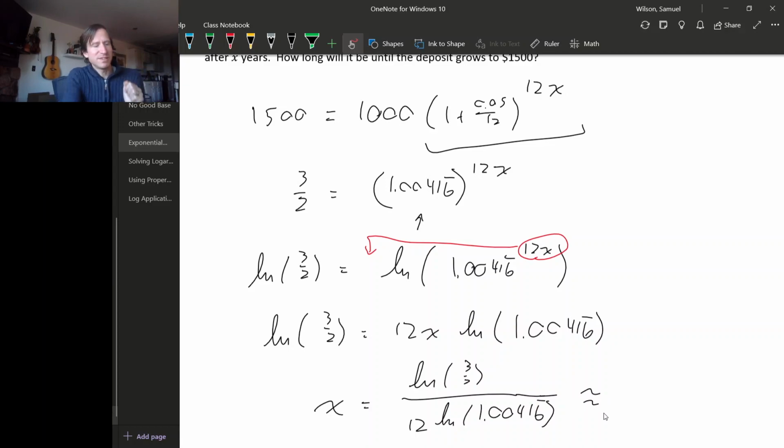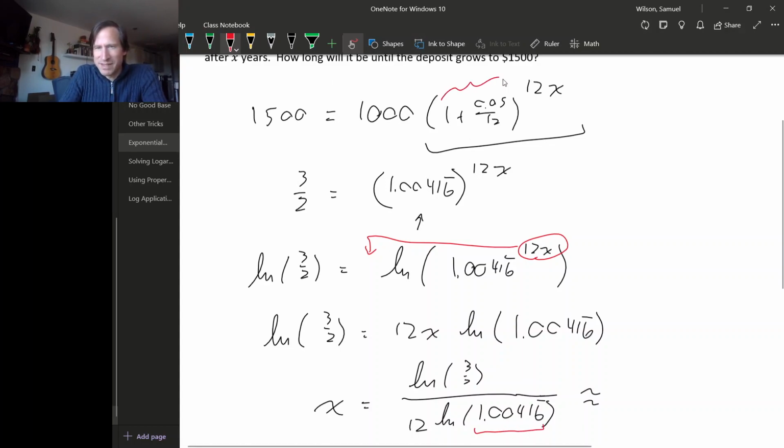Okay, and now we can dump this into a calculator to actually figure out how many years we're talking about here. I'm going to have to be a little careful entering this into my calculator just to get that decimal right. When I come to entering this number, I'll just type this out again in my calculator, so that I get the decimal exactly right.